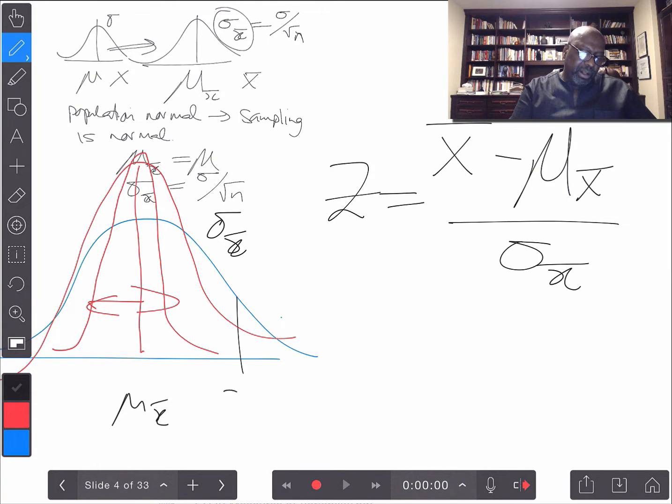Remember that sampling distribution has a mean mu x bar and a standard deviation sigma x bar. So if I make an observation x bar, the z-score associated with that would be x bar minus mu, which is the distance from the mean, divided by the standard deviation.